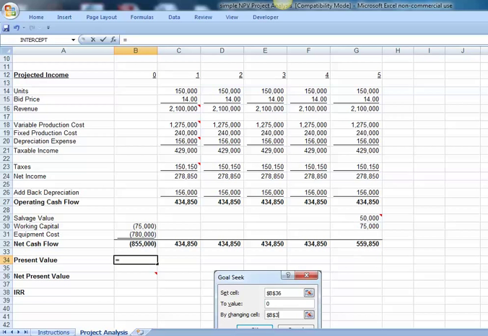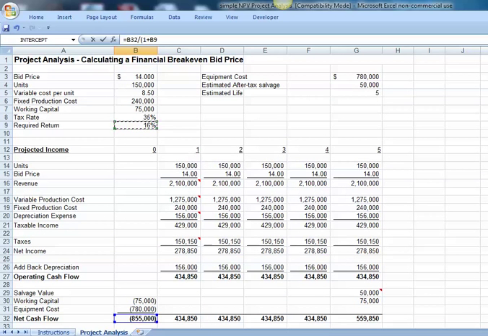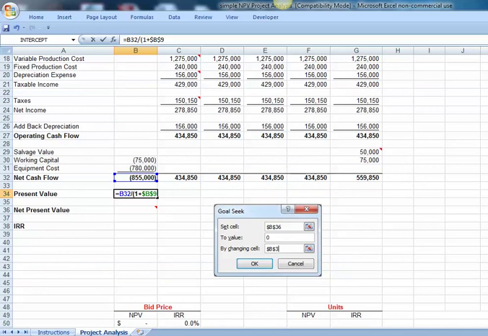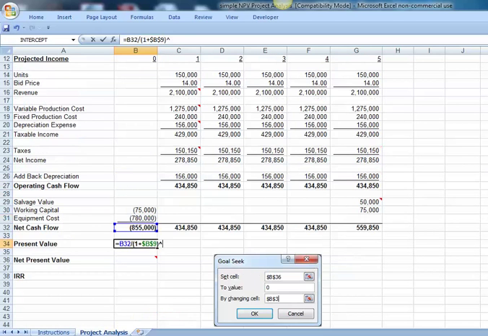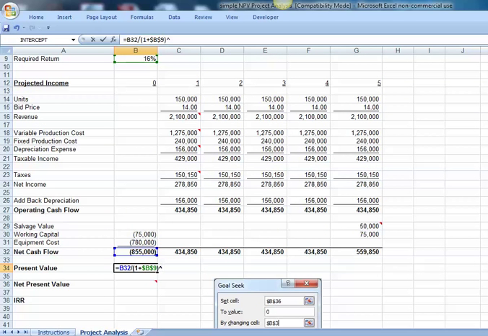And remember, that's simply equal to the future value divided by the quantity 1 plus our required rate of return, 16%. We want to make sure we anchor that because we're always coming back to it. And that's going to be to the, how many years do we need to discount it back? The time 0 cash flows will discount back for 0 periods. And our 855 has a present value of negative 855.